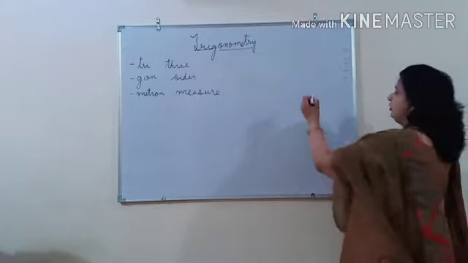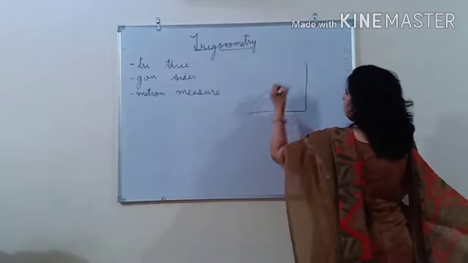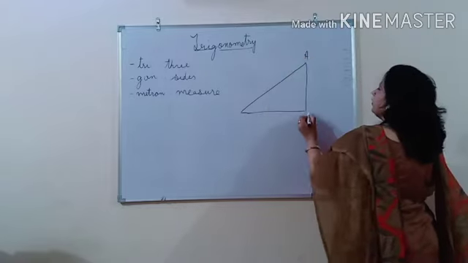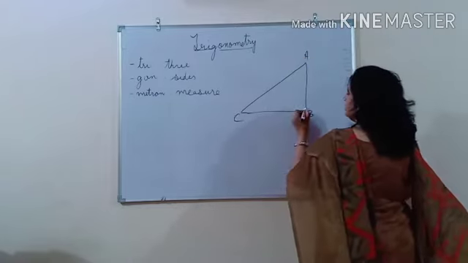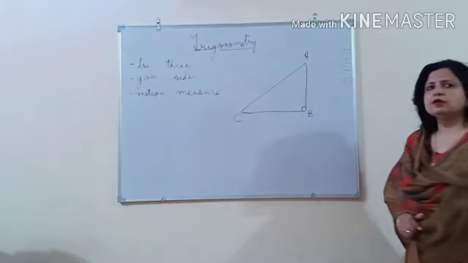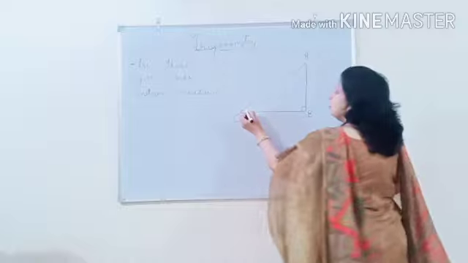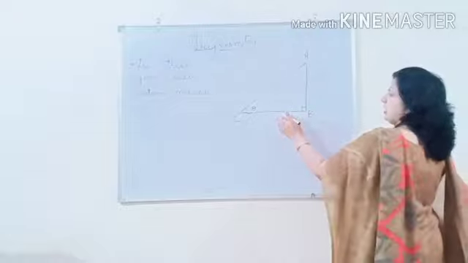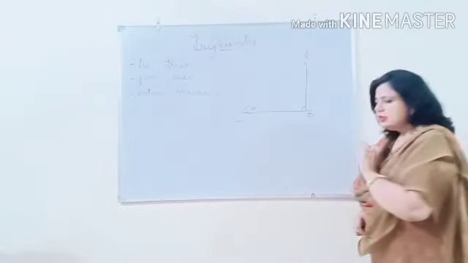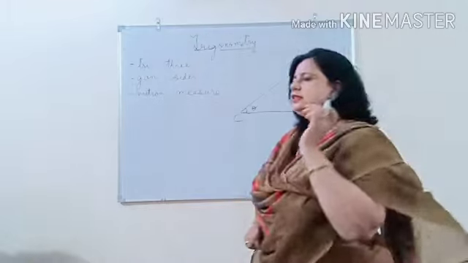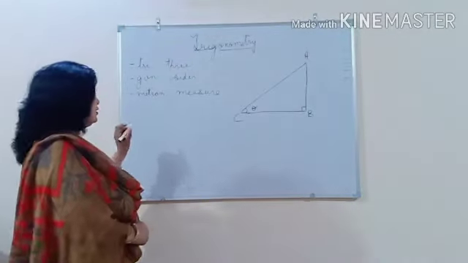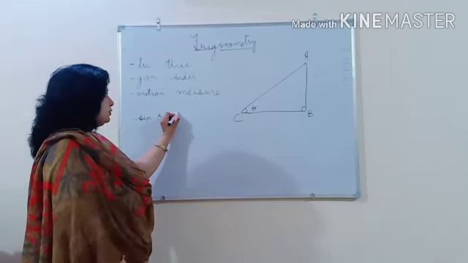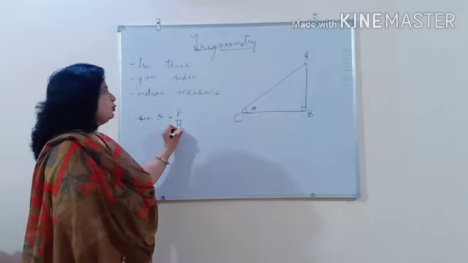Now, if we are given a right triangle ABC, right angled at B, and if theta is the angle between the base and the hypotenuse, then we have certain trigonometric ratios. Sine theta is perpendicular upon hypotenuse.